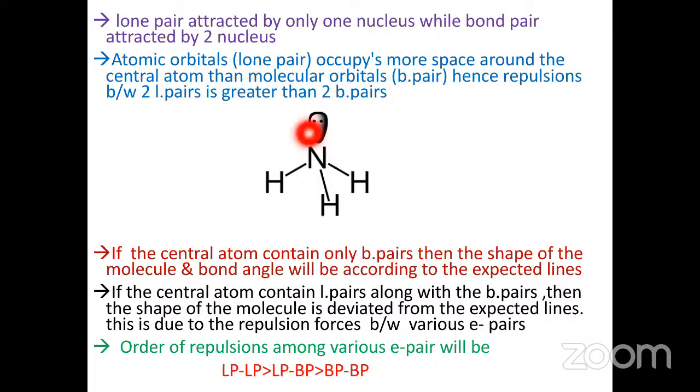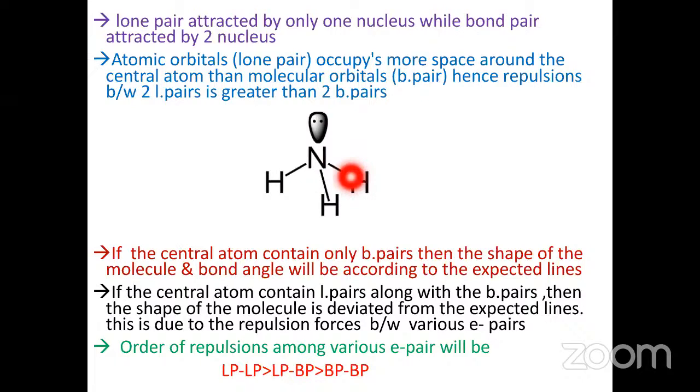The atomic orbitals are nothing but lone pairs. The lone pair occupies more space around the central atom than the bonded orbitals, which are the molecular orbitals, that is, bond pairs. Hence, repulsion between two lone pairs is greater than between two bond pairs.